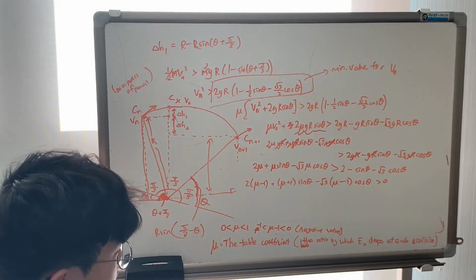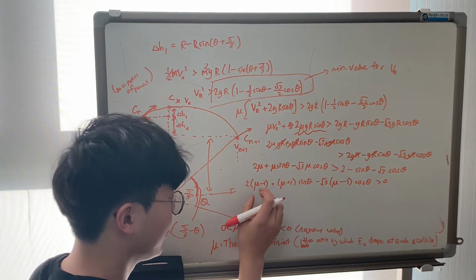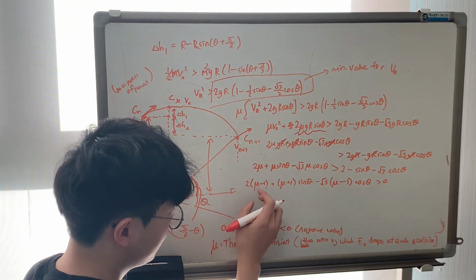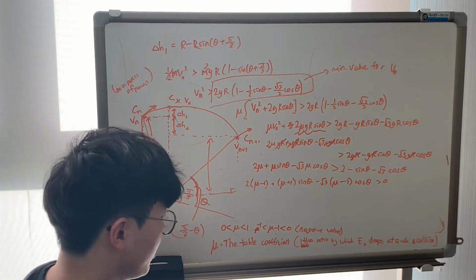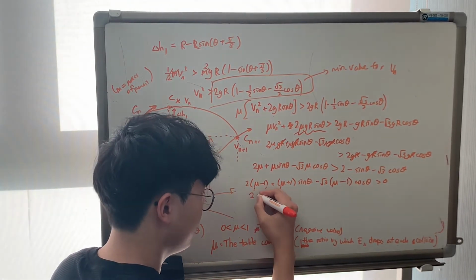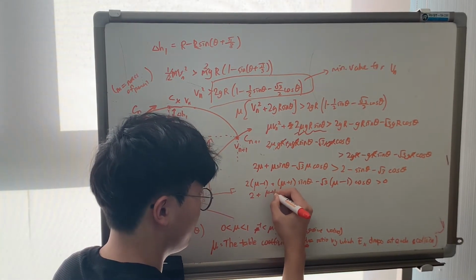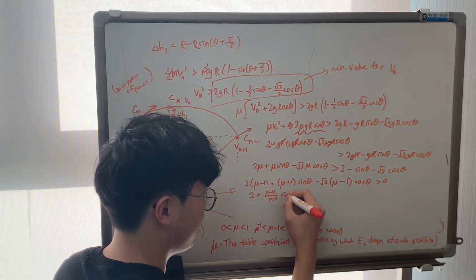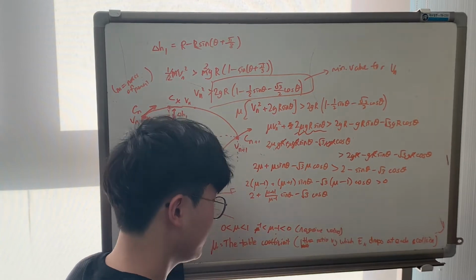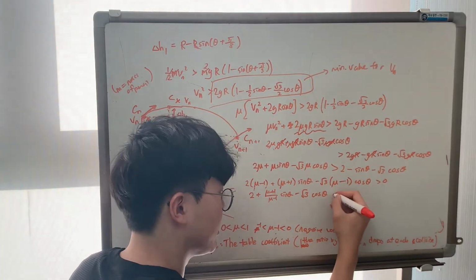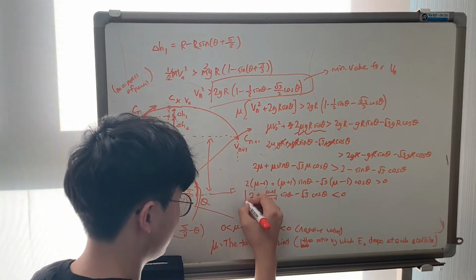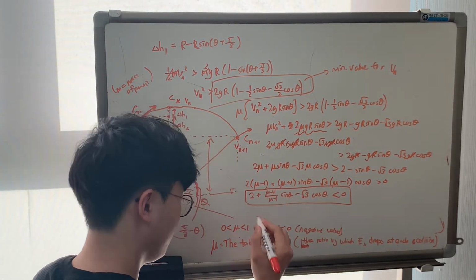Because it's a negative value, when we divide both sides of the equation by the like term, mu minus 1, we're going to have to reverse the inequality sign and get 2 plus mu plus 1 over mu minus 1 sine of theta minus root 3 cosine of theta, and it's now not bigger but smaller than 0. Now, I'm just going to put a rectangle around that because it's really important.